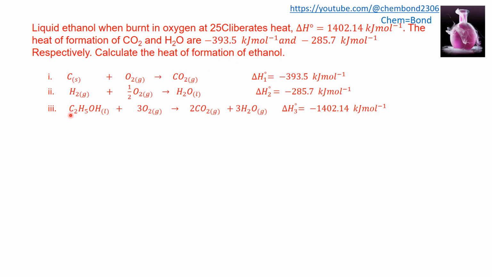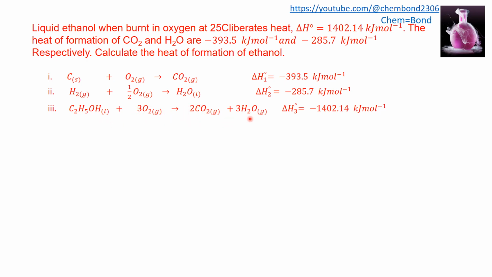Here three reactions are given, in which the first reaction produces carbon dioxide, releasing the heat minus 393.5 kilojoule per mole. In the second reaction, liquid water is produced, releasing the heat minus 285.7 kilojoule per mole.